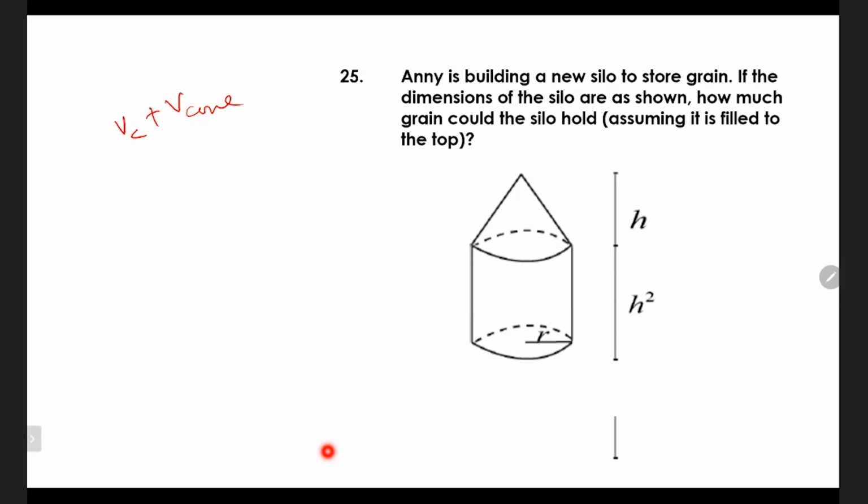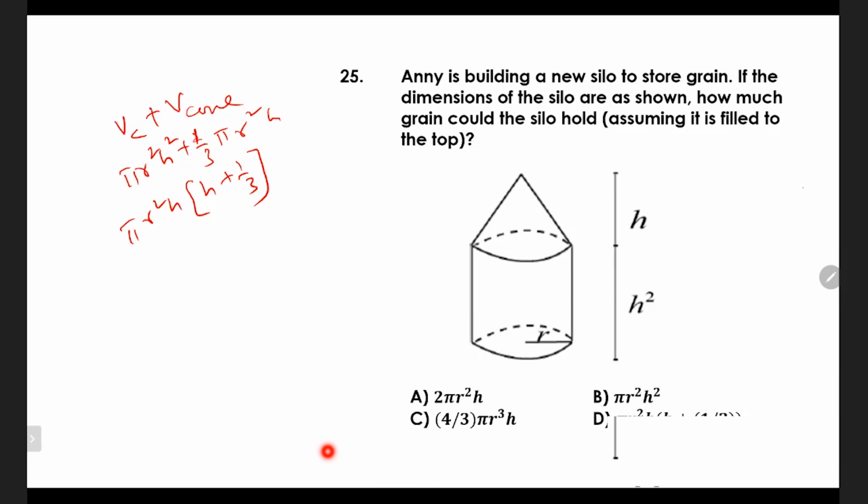Volume of cylinder is pi r square h plus 1 by 3 pi r square into h. If you take pi r square h common, you'll get h plus 1 by 3. So pi r square into h plus 1 by 3. So option D.